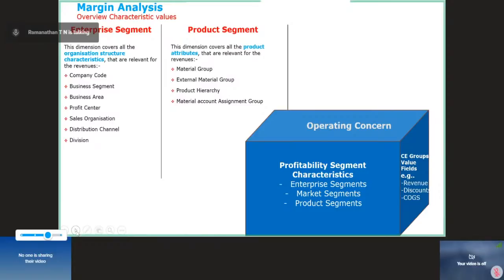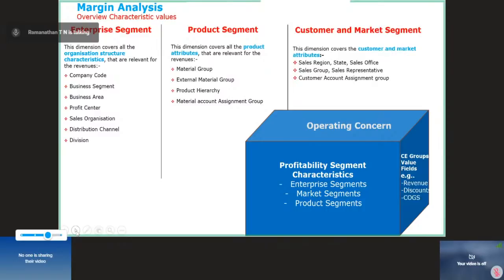Or product segments, which is in the nature of type of a material which we are trying to sell to the customers, or the hierarchy of those, or the grouping of those products from the accounting perspective. Or the third element is customer and market segments.